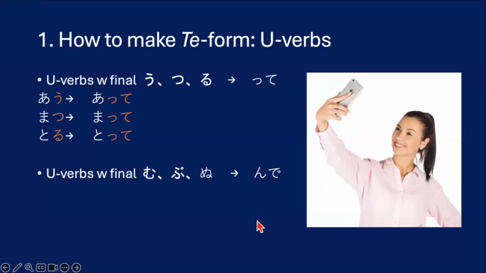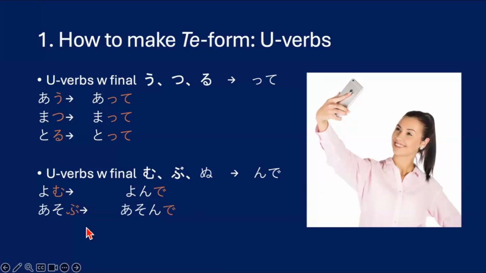So I'll show you some examples. So yomu, to read. Take this out, mu, and then add, but it's going to be de. So yonde is the te form of yomu. Yonde, something to do with reading.